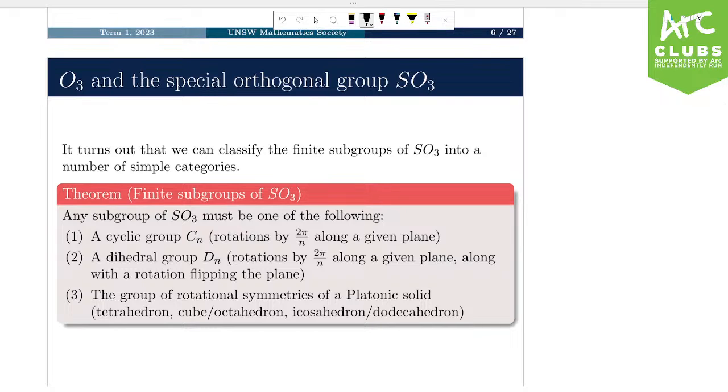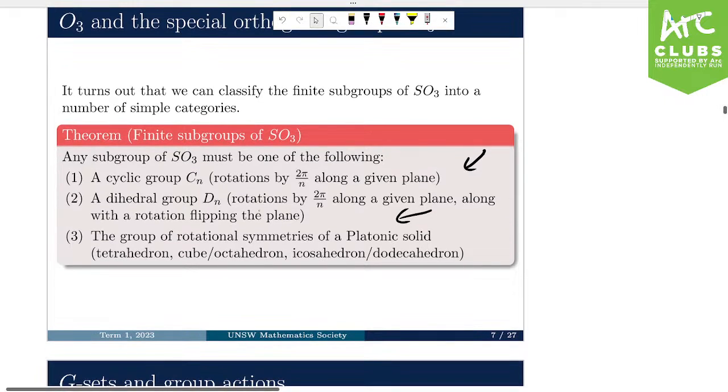So they are either rotations along some plane, rotations and reflections along some plane, or a group of rotational symmetries of a Platonic solid. And although there are 5 Platonic solids, there's only 3 rotational symmetry groups, because 2 pairs of them are isomorphic to each other.